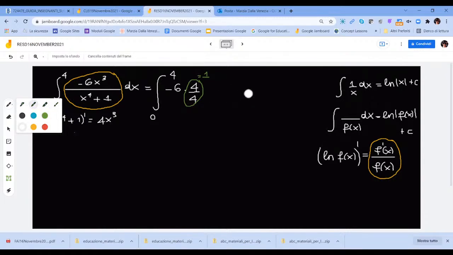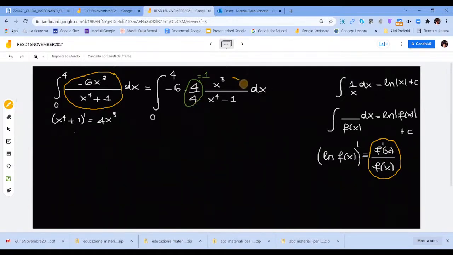Okay, now you can rewrite x to the fourth plus 1, and then everything that is yellow is this type of function. This is the right f prime divided by f of x.